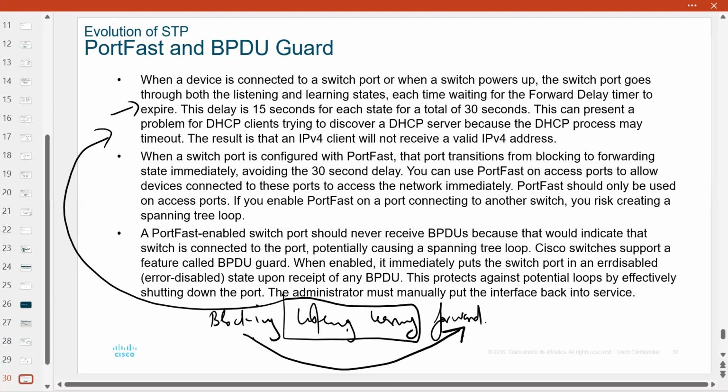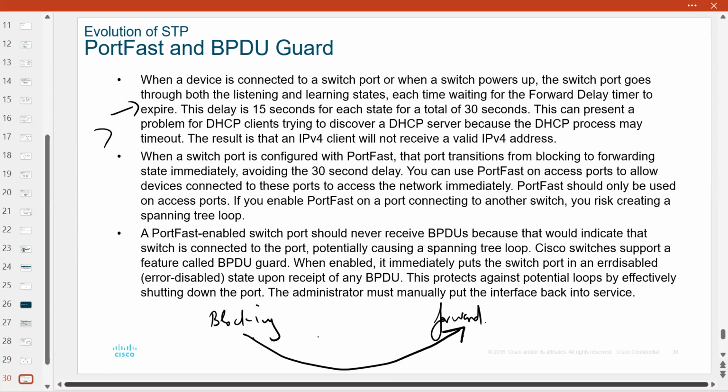If that time is less than, let's say, the 30 seconds in between listening and learning, it means that when you send your packets and exchange information with the server saying I want an IP address, your switch will not have sent anything, it will be in the listening and learning phase. It means the response doesn't come from the server, the end devices won't have IP addresses, and that's a problem. So we have PortFast configured on access ports basically.